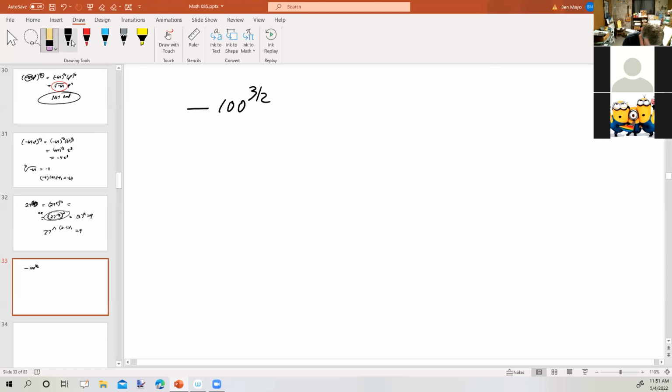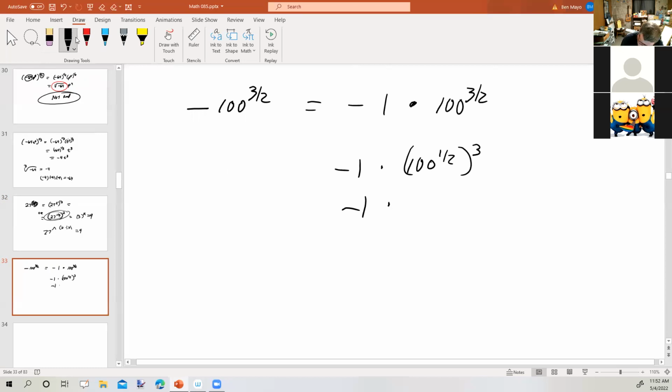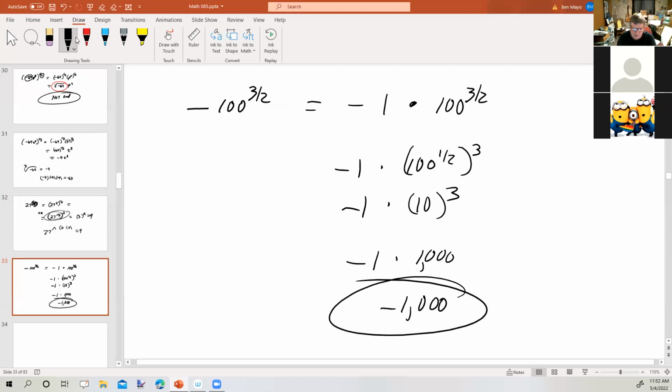So basically, this is the same thing as negative 1 times 100 to the 3/2 power. This negative sign is not part of the base because it would have to be grouped if it was. Okay. So then this is what? Negative 1 times. Let's do the root and then the exponent. What's the square root of 100? That's 10. 10 cubed would be 1,000. So we get negative 1,000 as our final answer.